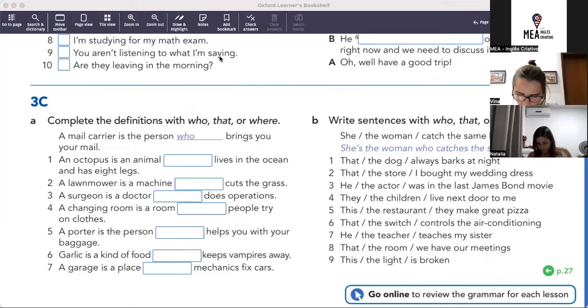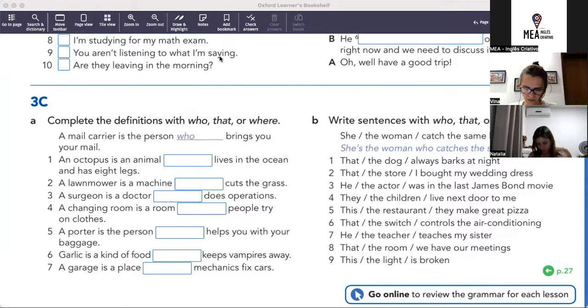Is a machine. Where. Não, mas aqui também não tem. Ai, meu Deus do céu. Eu acho que é that também. Is a machine. Eu vou de that também. A Susan is a doctor who does operation.